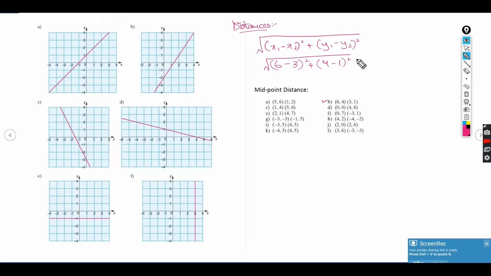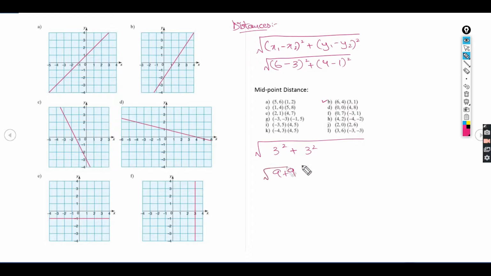When I solve this, I get, I'll continue it over here a bit. So 3 square plus 3 square, which makes 9 plus 9, right? So 9 plus 9 under root, and under root 18.